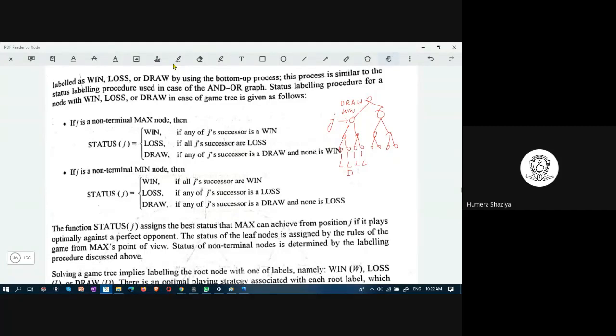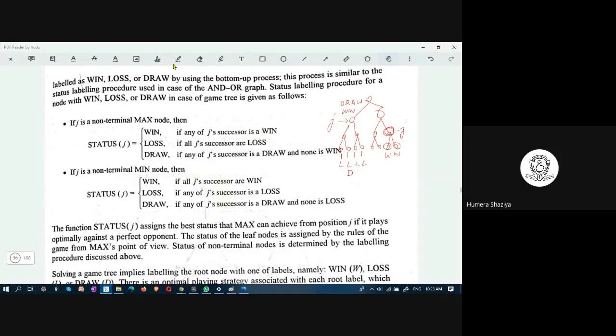Win status of J. Consider this to be J, which is a non-terminal for min. These are terminals. When can you declare win? When all of J's successors are win. When you call this J, if successors are two, and both are winning, only then would this J be called winning.